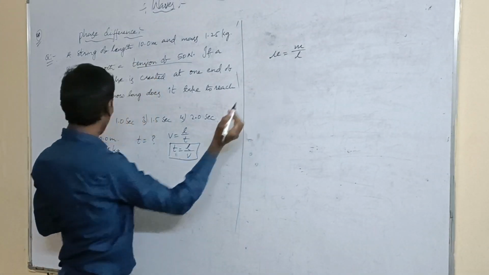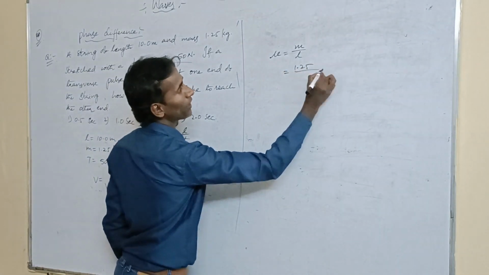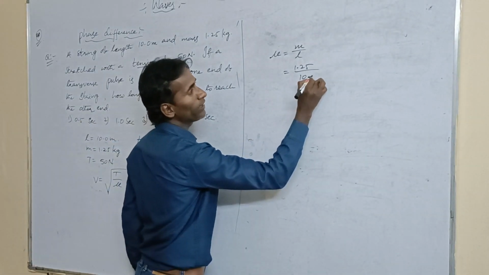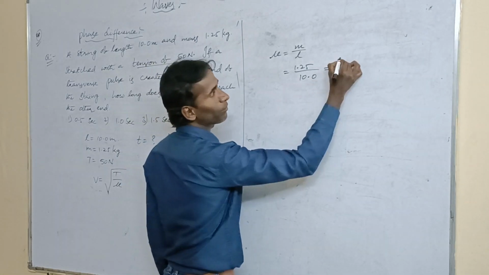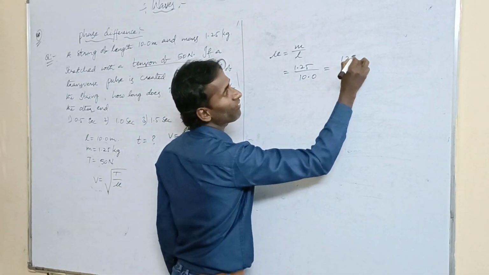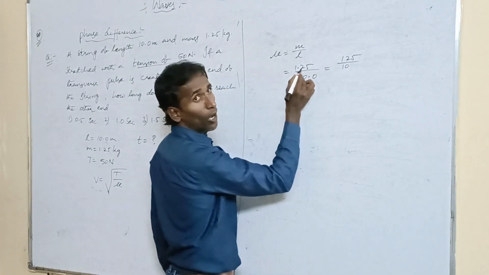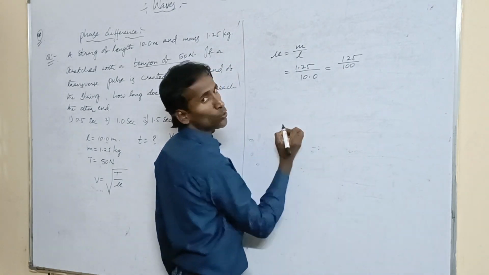Then how much mass is given? 1.25 given, by length, how much is given? 10.0. So how can we remove the points? Whenever you have to remove the point, you get 1 in the denominator followed by zeros. After the point, how many digits are there on the right side? 2 digits, so we take 2 zeros.